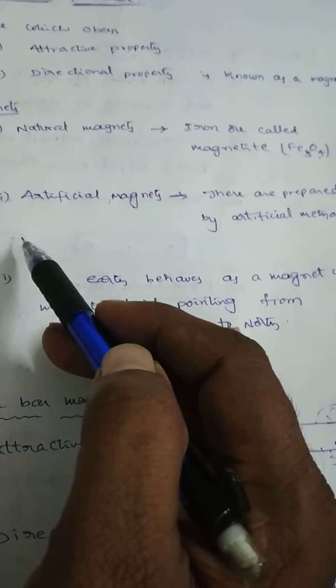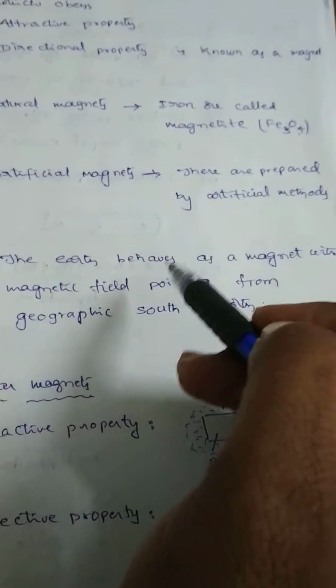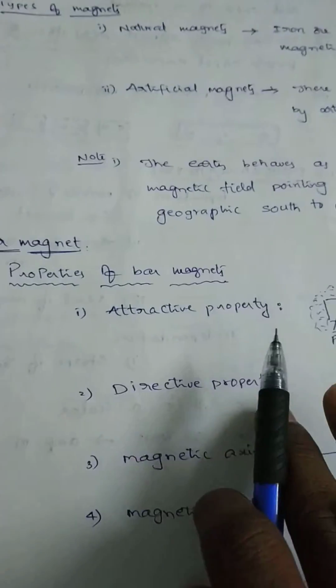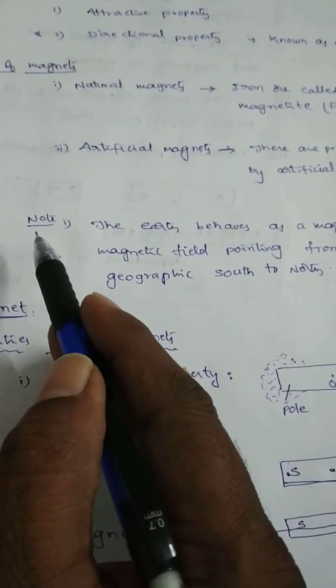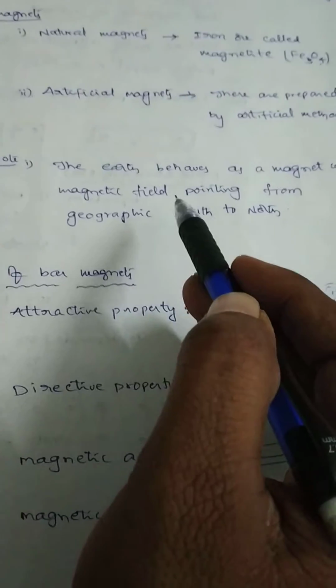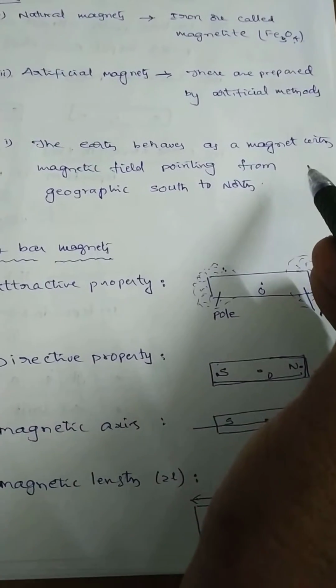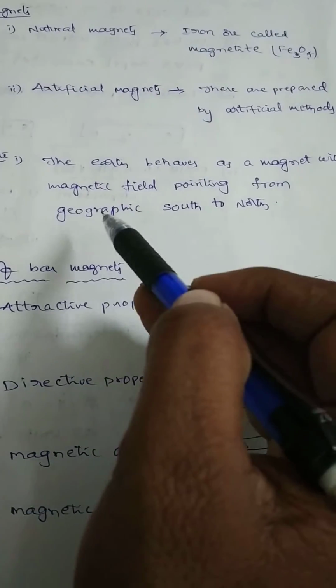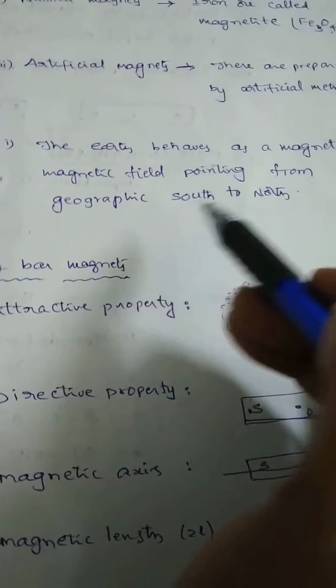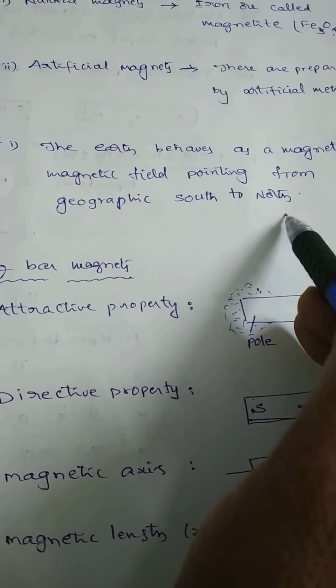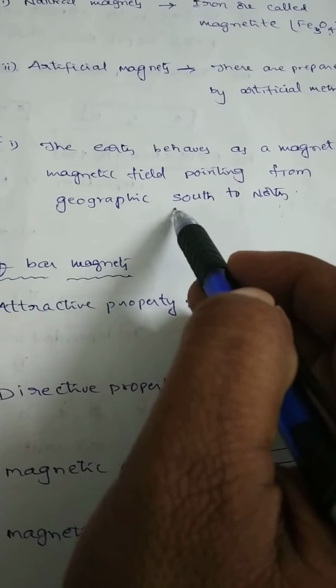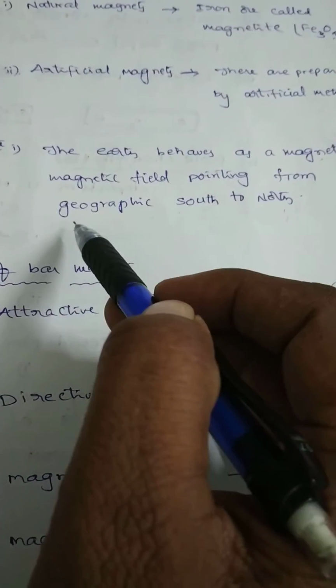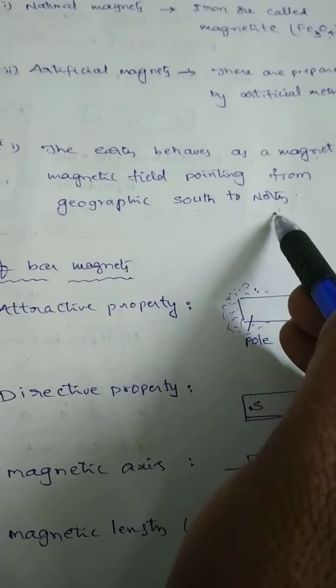They are called artificial magnets. But remember one point, Earth also behaves as a magnet with magnetic field pointing from geographic south to north. This one is important: Earth's magnetic field is taken from geographic south to north.